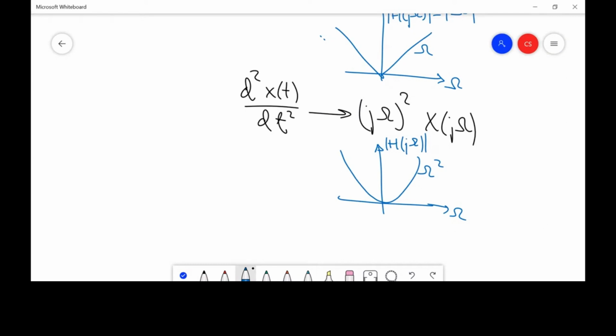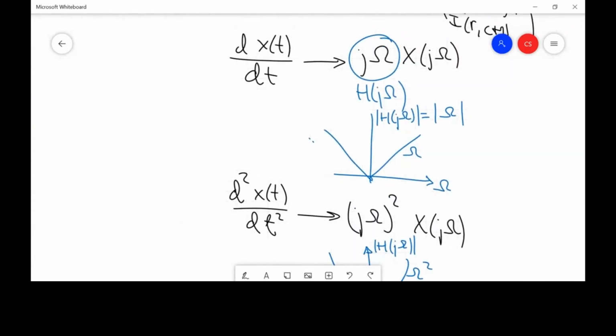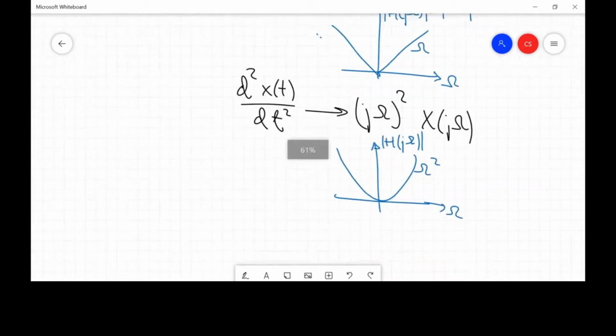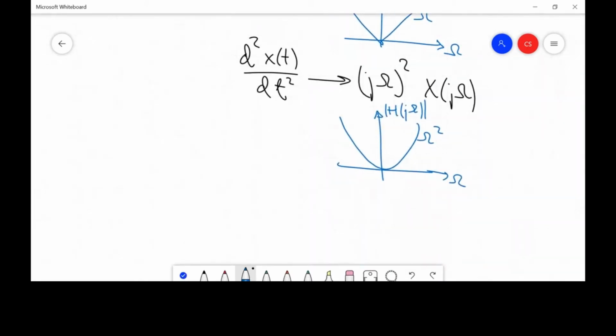And now comes the nice thing. You know how to compute the first derivative, the second derivative, the third derivative of a function. What about the 1.5 derivative? Can you define how to compute the 1.5 derivative? You can do it in Fourier space.